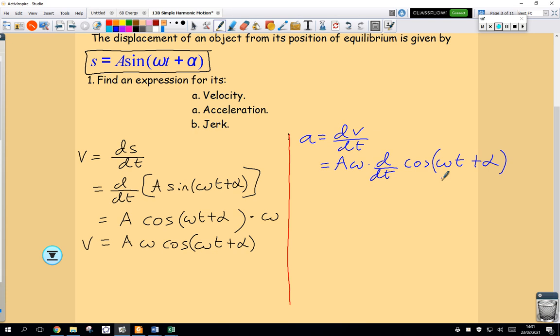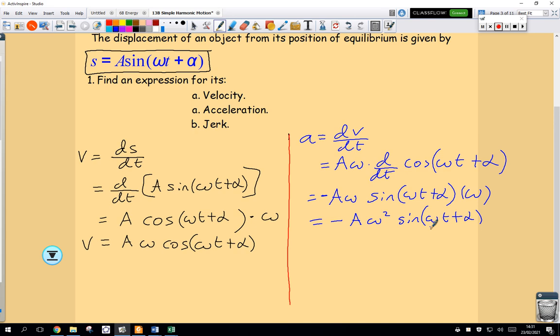Okay, so what we're going to get here is a times omega. The derivative with respect to t of cosine is negative sine. So I'm going to put that negative out the front, just to keep it out of the way. That's going to be negative a times omega times sine of omega t plus alpha, times the derivative of what's inside, times omega again. So what I'm getting here is negative a omega squared times sine of omega t plus alpha.